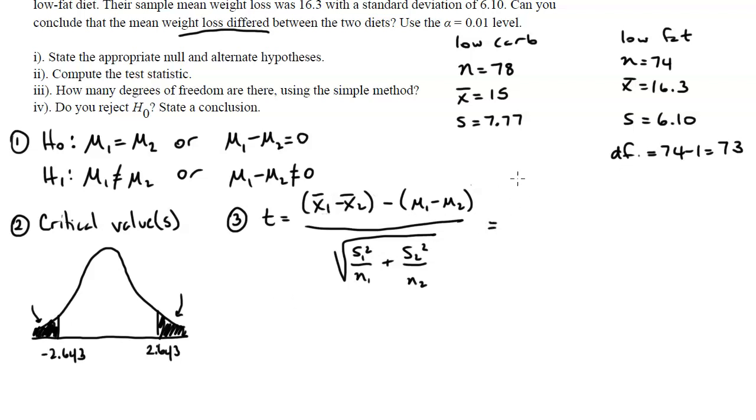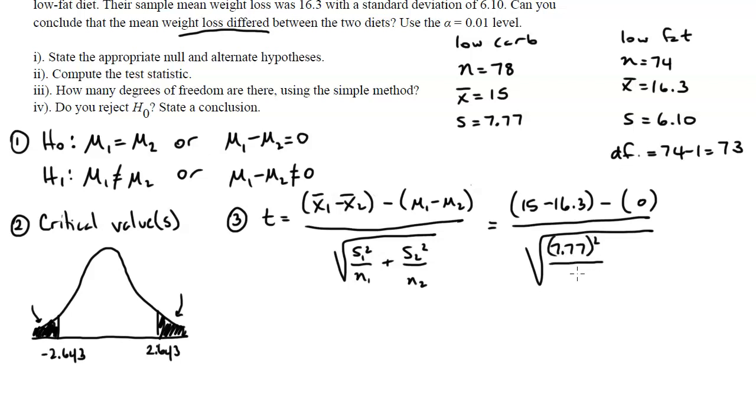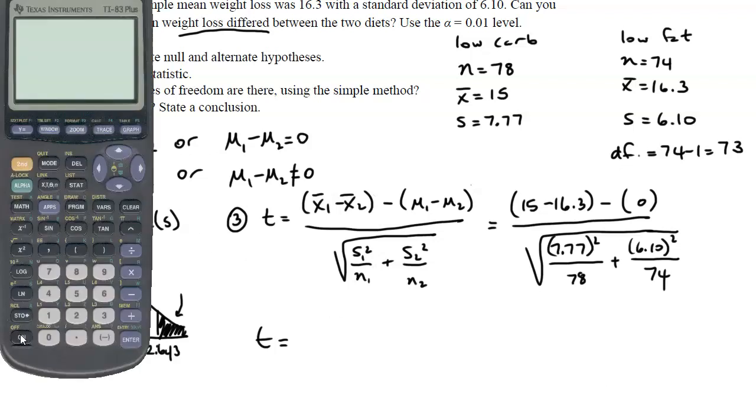Okay, so 15 minus 16.3 minus, well, the mean 1 minus mean 2 is 0, so that's 0, over the square root of 7.77 squared over 78 plus 6.10 squared over 74. I'm going to put this all on my trusty calculator.